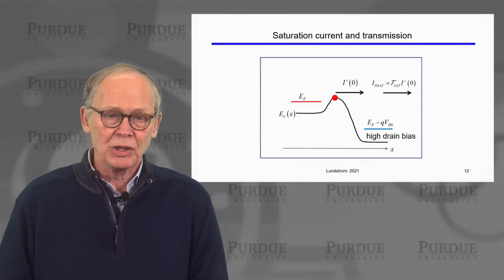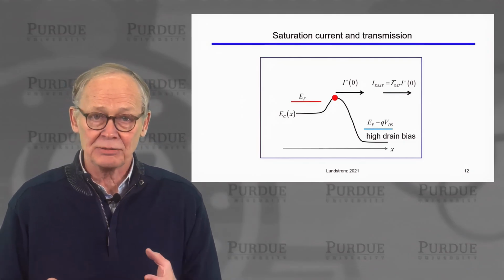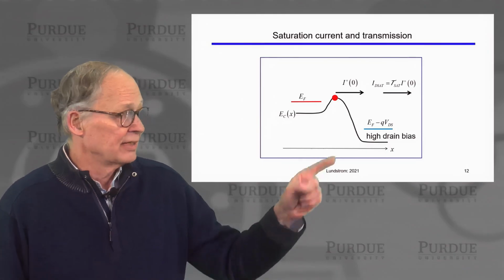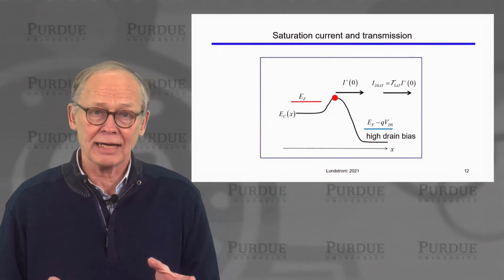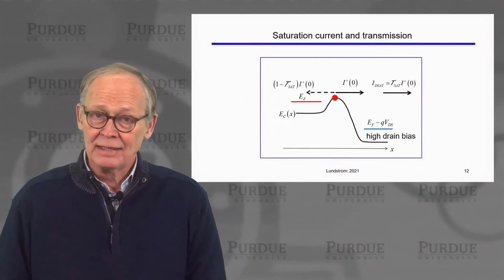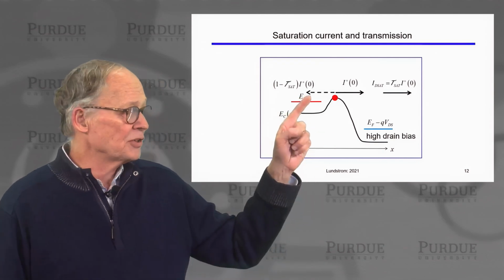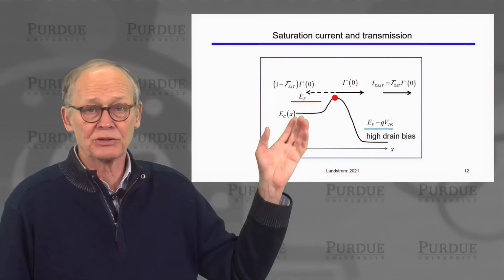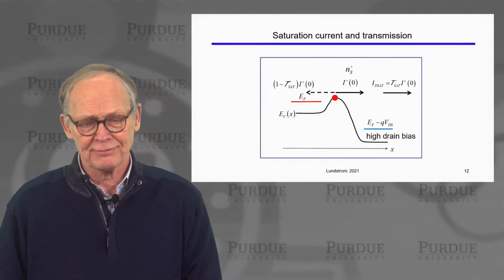Okay, if we look at what comes out the drain and constitutes the saturated current, that's simply transmission times the current that was injected, I plus at the virtual source. Okay. But in general, there will be some backscattering. So some fraction of the current that's injected will return to the source and not contribute to the drain current. Okay.